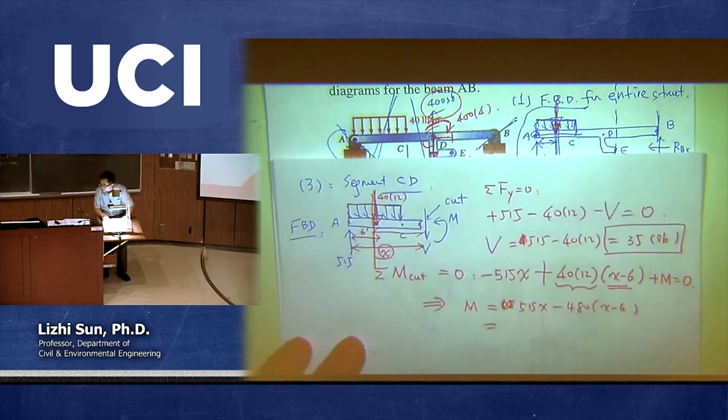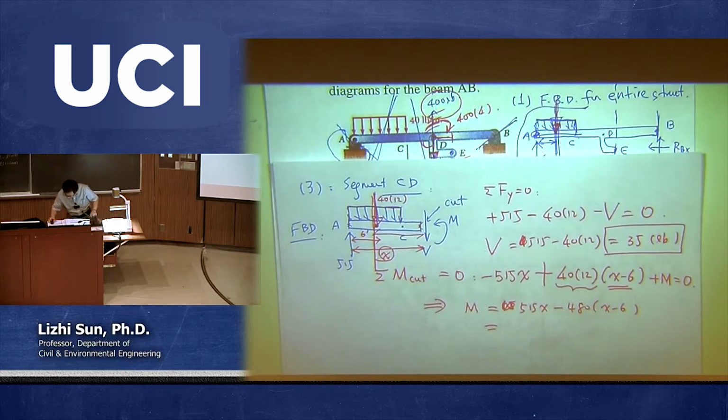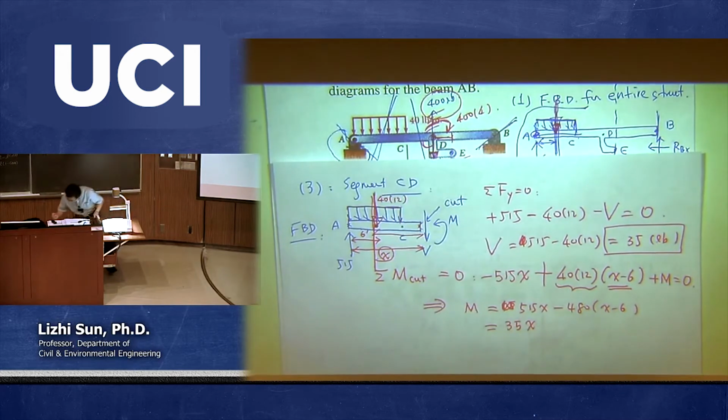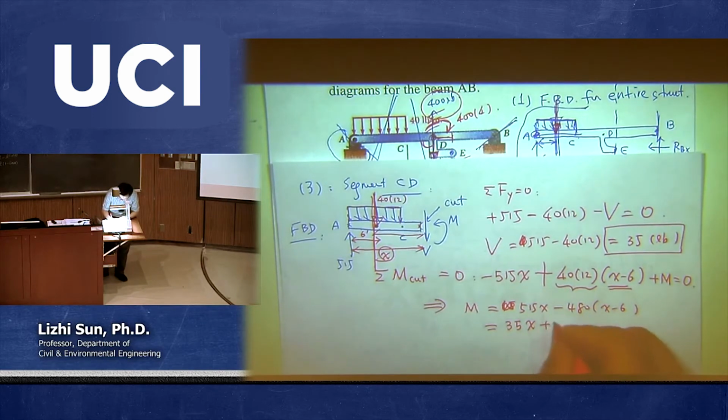So let's simplify this one. We finally end up with negative 35x plus 2880.